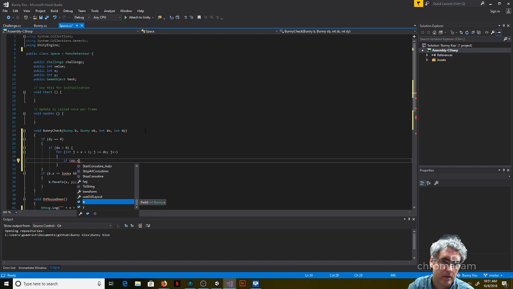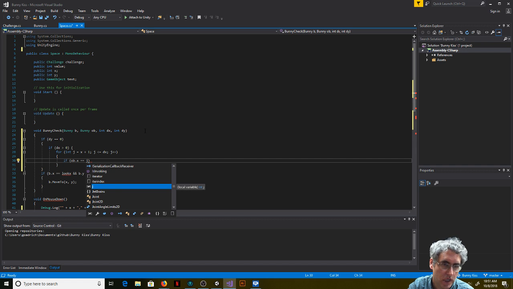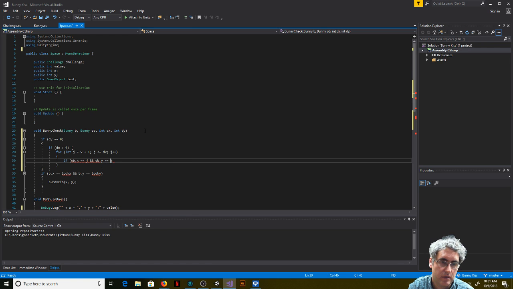If ob dot x equals j and ob dot y equals y, then the other bunny is in the way, right? So if the y's are the same and the x is greater than this, then we're going up.